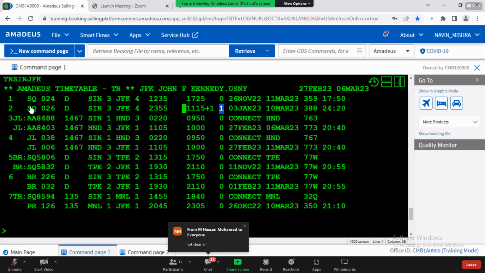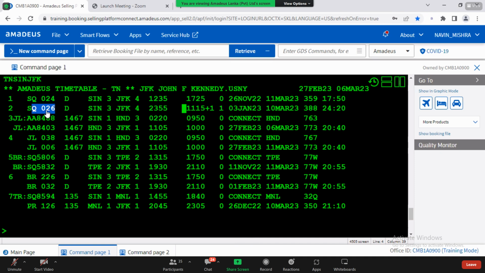That could be one of the reasons the flight is going to stop there and then reach the destination.